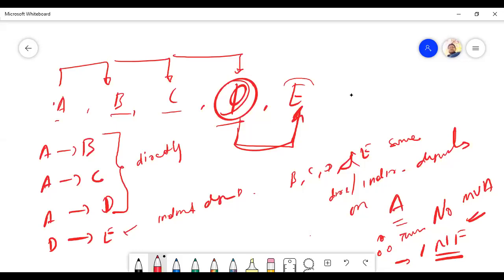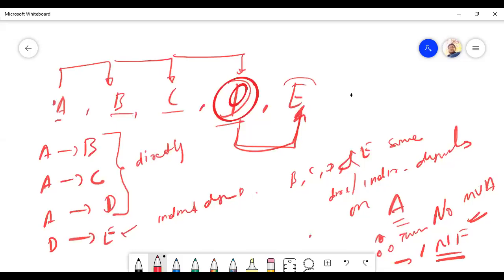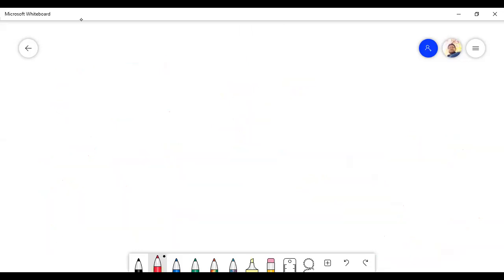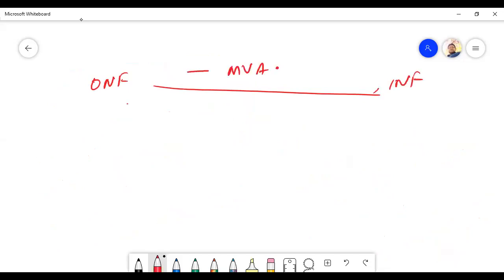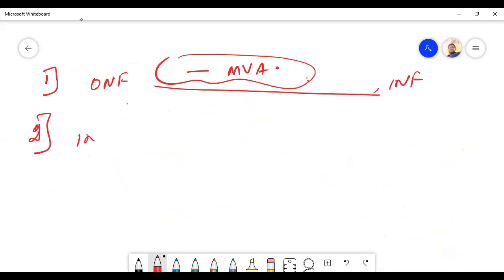So that is the case from zero normal form to first normal form, we are removing multi-value attributes. That is the first activity. The second activity is 1NF to 2NF.